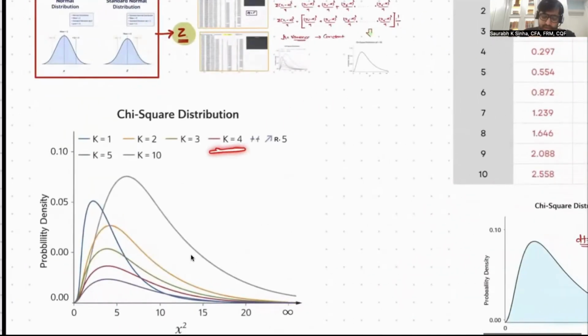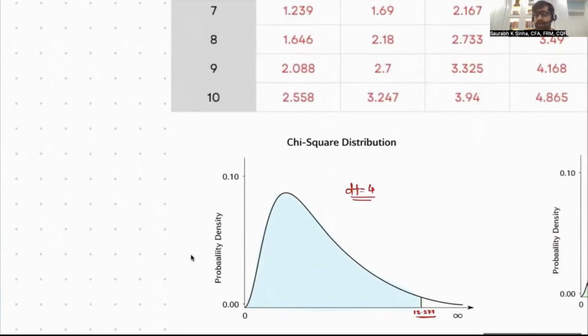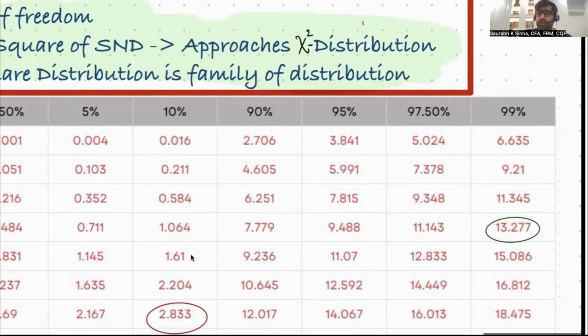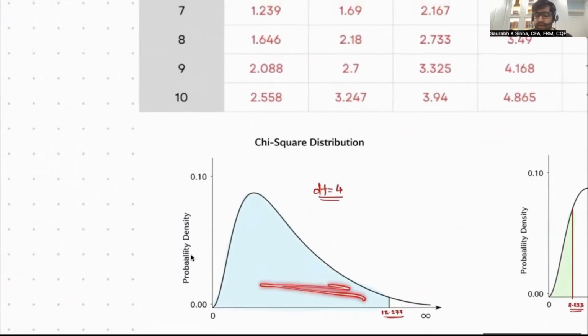Assume this is that chi-square distribution. Now, when you plot this 13.277, you have to look at this number, that is 99%. 99% means that when you plot 13.277, you will cover 99% of the area towards the left of this number.